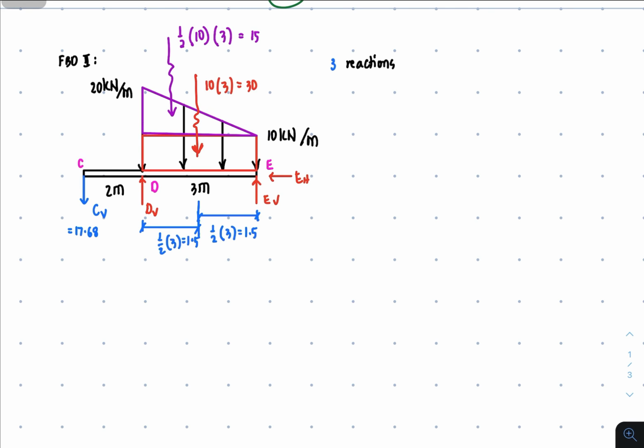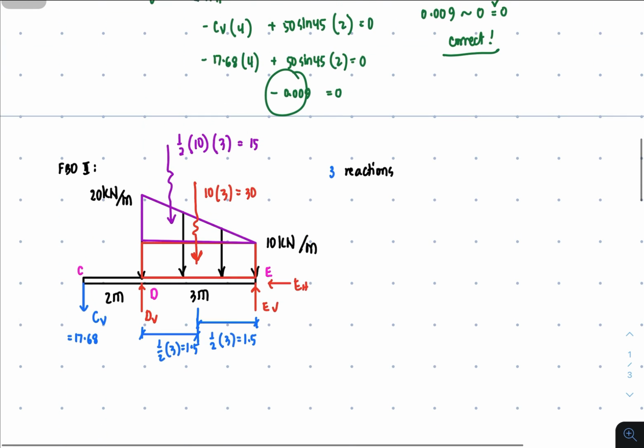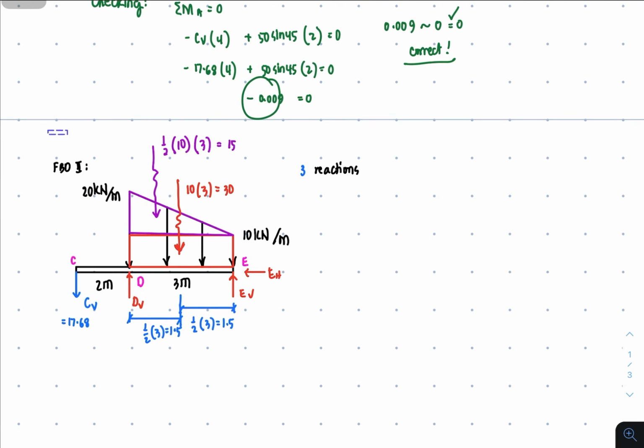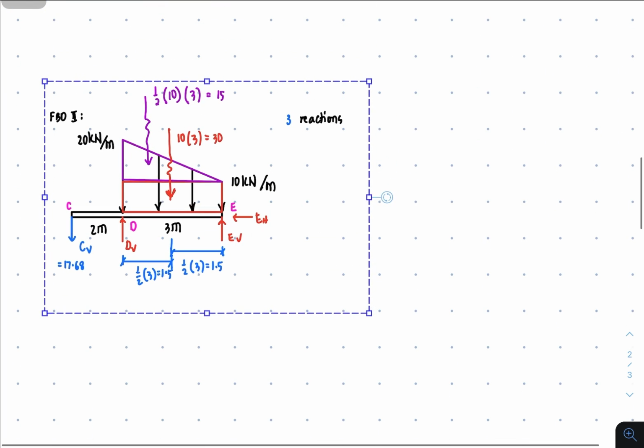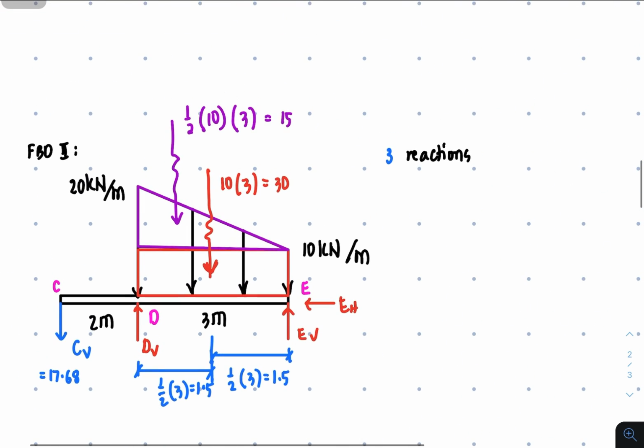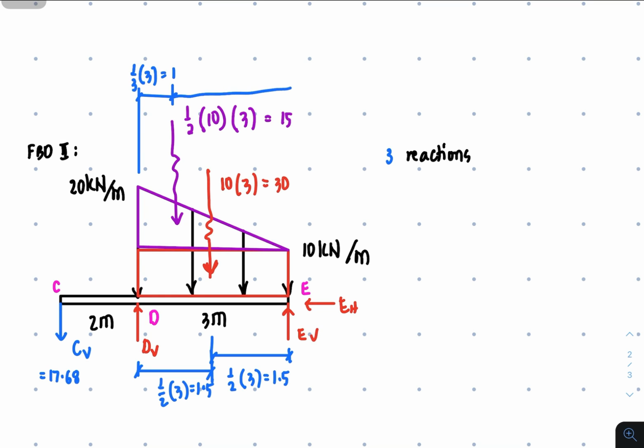I'll move this a little bit downward, and then let's measure the distance of this resultant from point D. This is basically 1/3 of the length of the distribution, so that's equal to 1. And toward the right side, this is 2/3 of 3, so this is 2 meters.